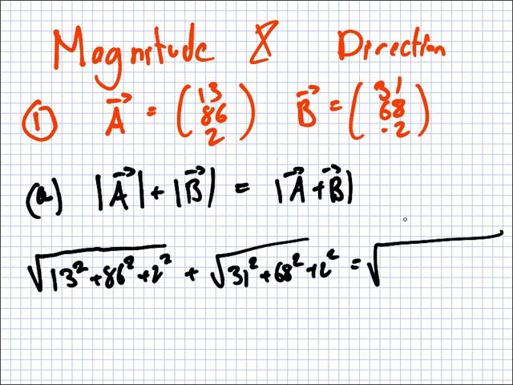And that's equal to the magnitude of A plus B. Now, A plus B would be 44, 154? Is it? 86 plus 68? Yeah. Plus 0 squared. Is that true or false? That will be false. They're not equal.